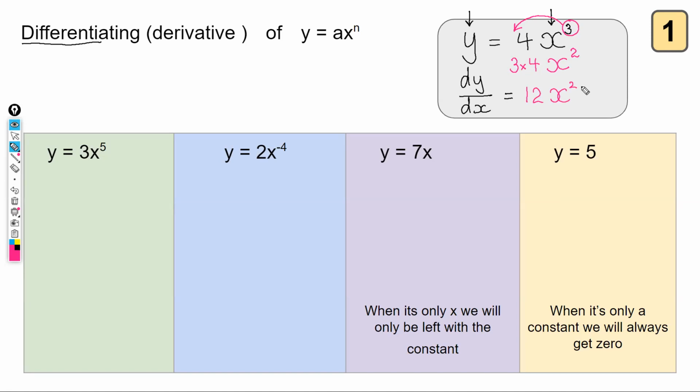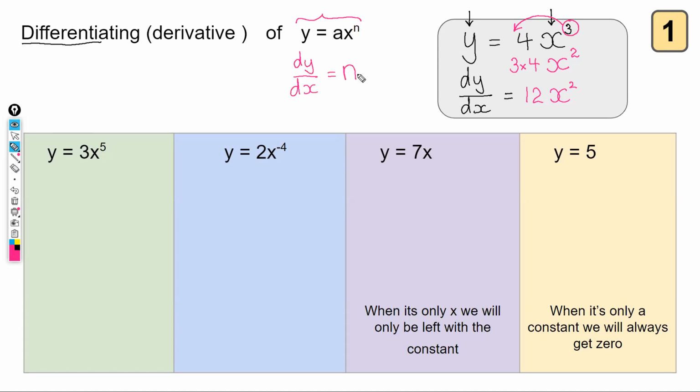Now notice what we did. This is a general format. In this format, look over here: the a comes like the 4 and the letter n comes like the power 3. So if you want to put this in formula form, when you find dy/dx, all you have to do is throw the power in front.